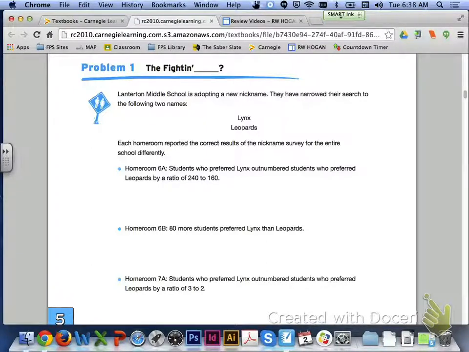When you're done with that, then take a look at number 2 as well. It says, which statement gives you the best information about the survey results, and explain your reasoning. So go ahead and do number 1 and number 2. Again, for number 1, just write your answers below each of the statements describing the meaning for each of those 4 homerooms. I'll give you a couple minutes with your groups.